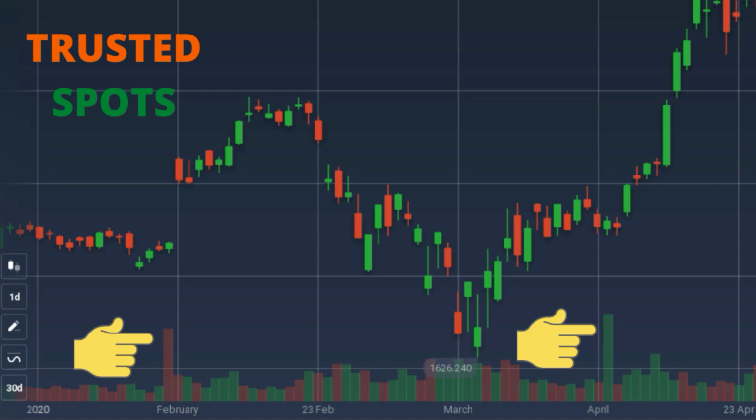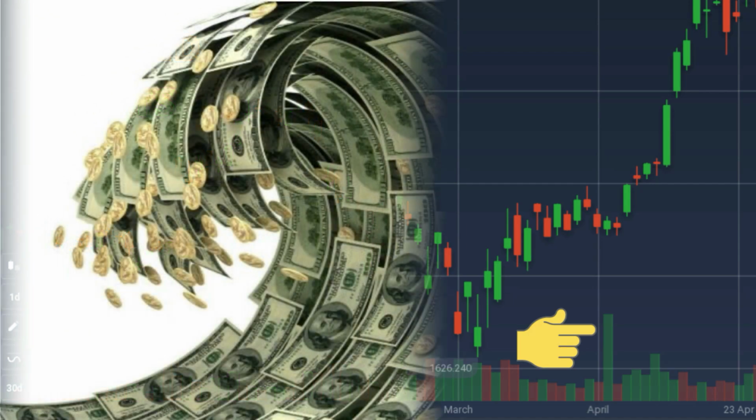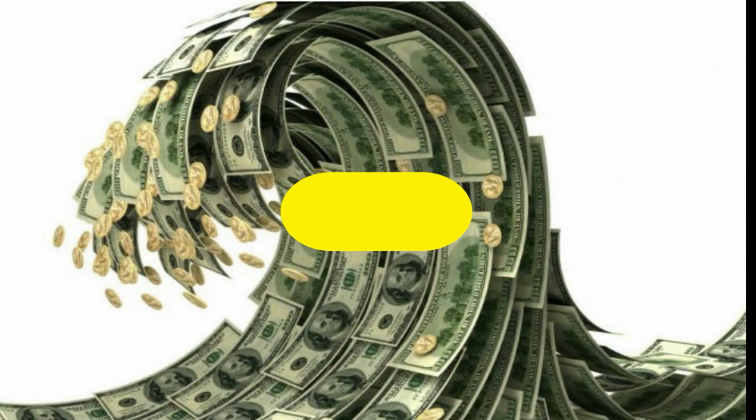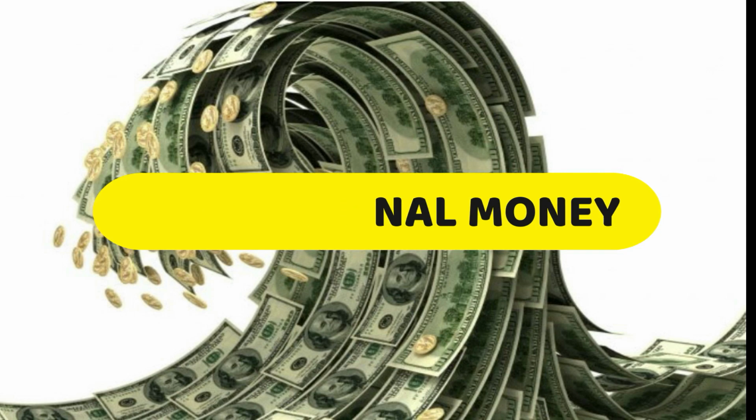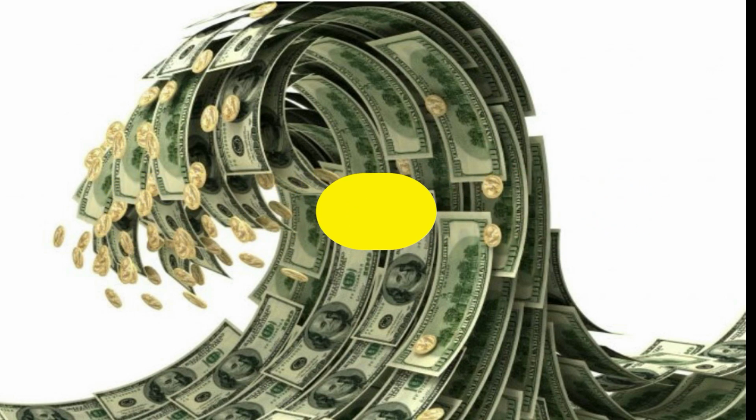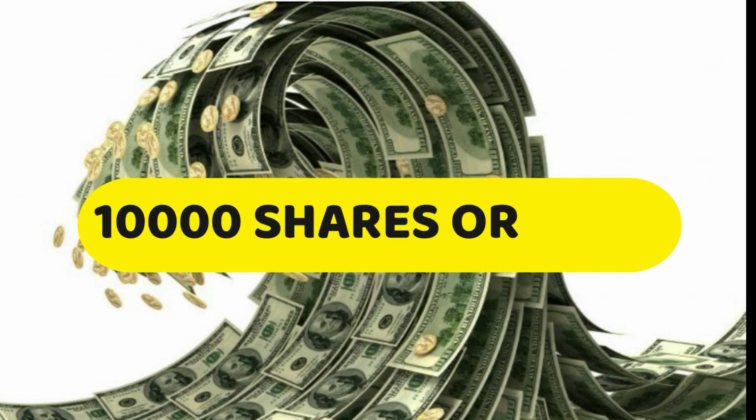Now let's understand the psychology behind the volume trend table. When institutional investors buy or sell, they do not transact in small chunks. For example, if an institutional investor would buy shares of Tesla, would you think they would buy 50 shares? Well, no, they would probably buy 10,000 shares or even more.